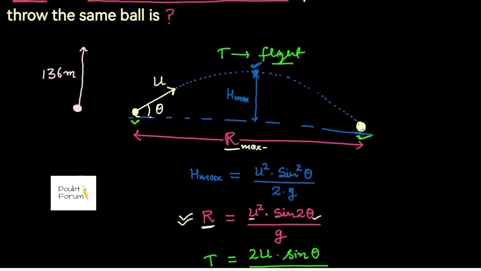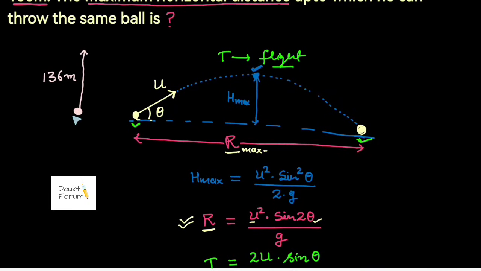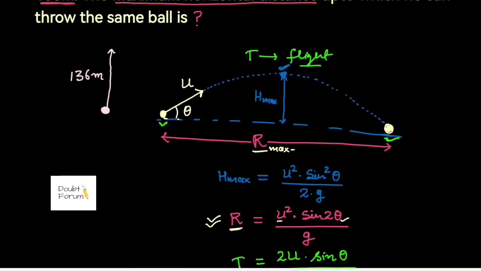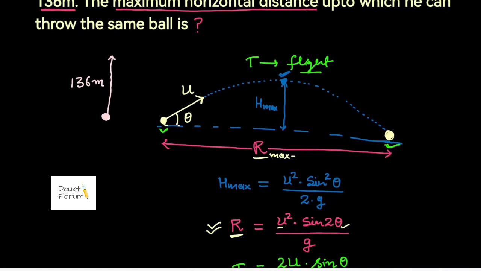Now, in this question, the capacity of the man has been discussed. That the man has a maximum capacity of throwing a ball to a height of 136 meters upwards.